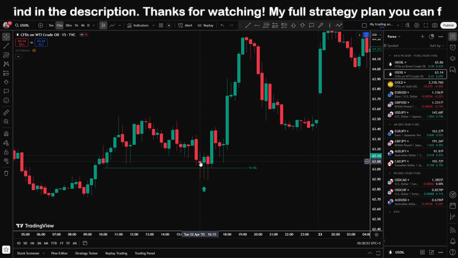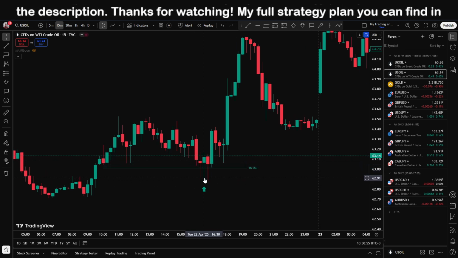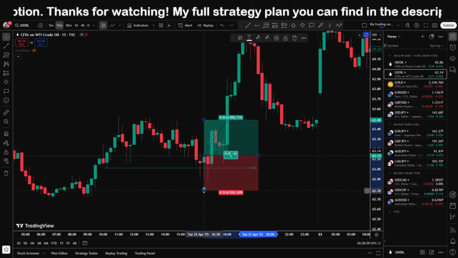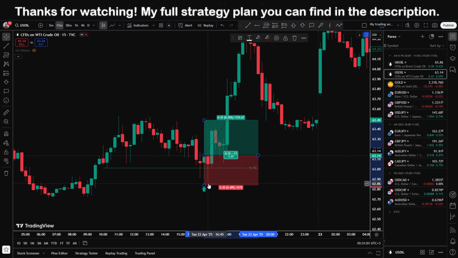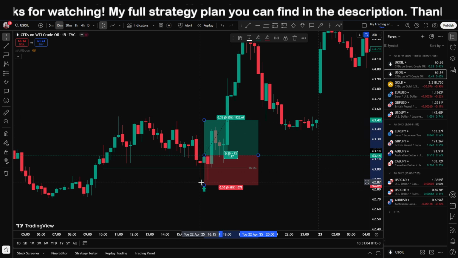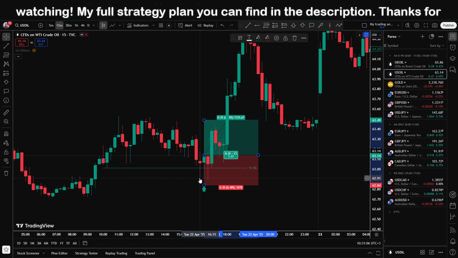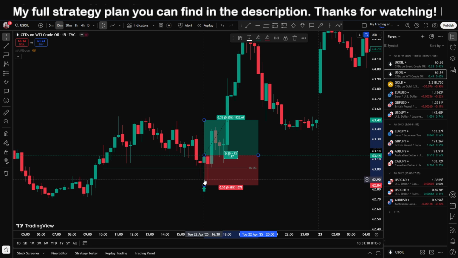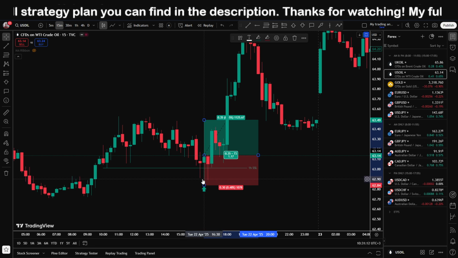Liquidity grab from the bearish bar, bullish bar with lower wick. Stop loss of 30 points here, because I want the stop to be a little bit under the wick, not right here.